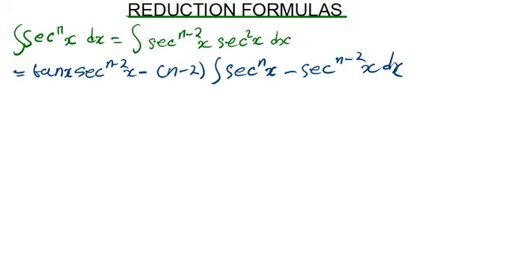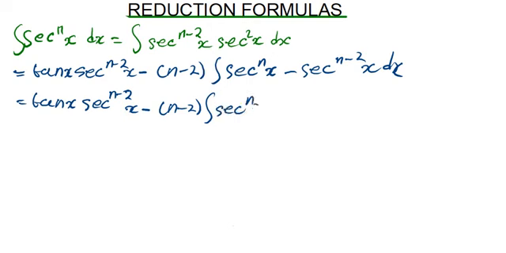Alright, so when you look at this stage that we have reached, we have something similar, meaning we can write this in the form tan x sec^(n-2) x minus (n-2) times the integral of sec^n x, then plus, there's a minus here and a minus here, so I multiply them and it becomes a plus (n-2).